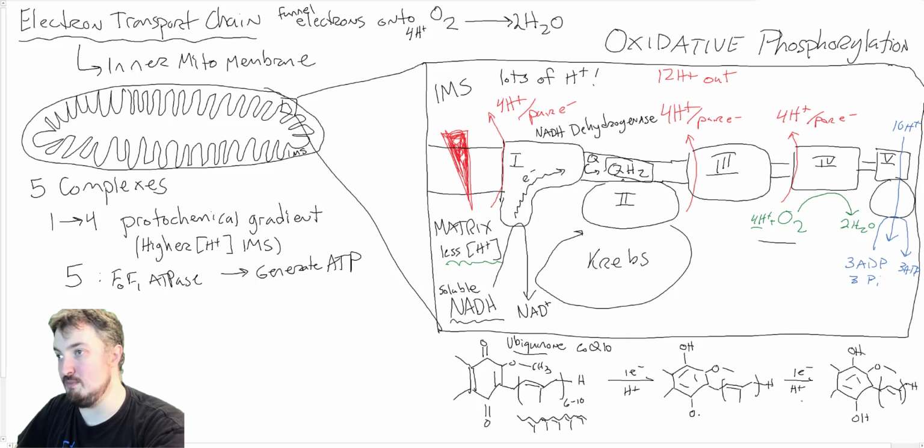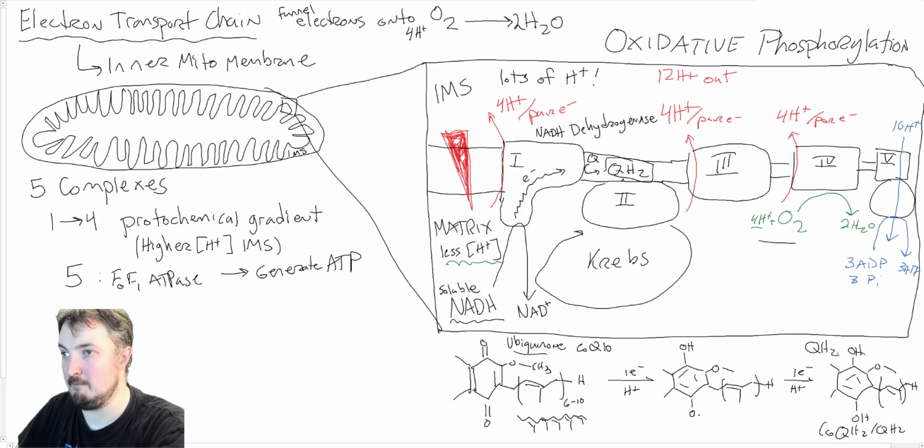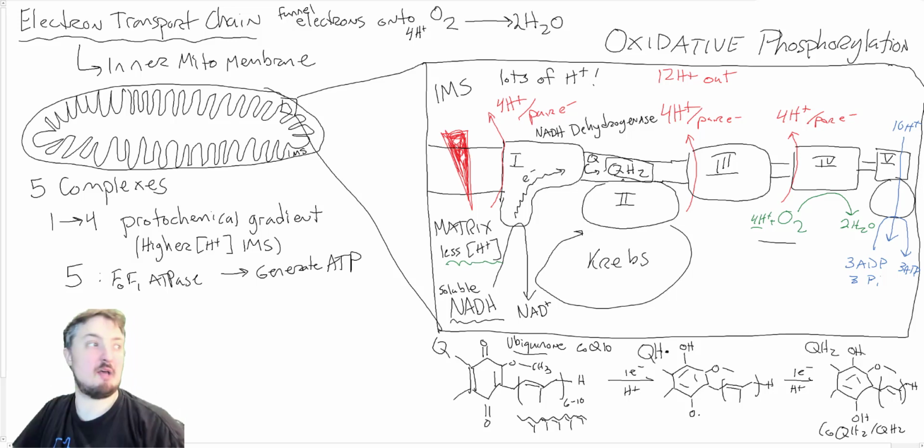Okay. This is ubiquinol. This is CoQH2. Sometimes I'll call it just QH2. Whereas this guy I'll call Q, and then I'll call this guy QH dot to show that it's a radical. Okay? And we'll see that coming up here as we start to talk about what's going on with Q.